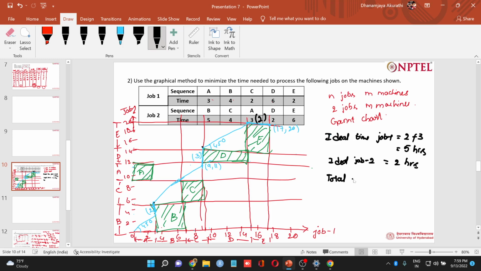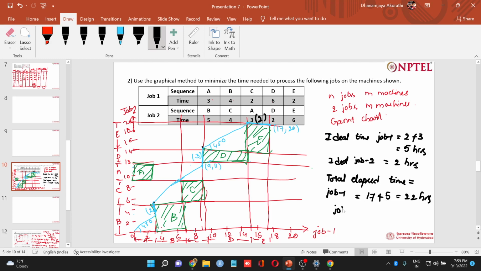And finally the total elapsed time is equal to total processing time plus idle time for job 1 and job 2. Total elapsed time for job 1 is equal to processing time 17, plus idle time for job 1 is 5 hours, that means 22 hours.